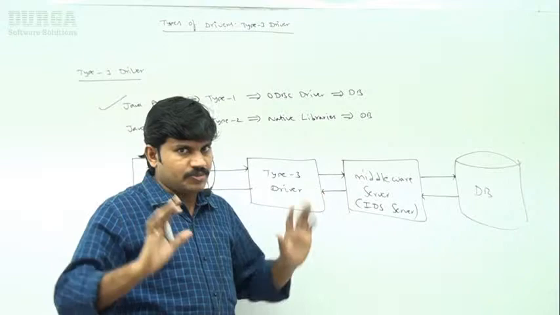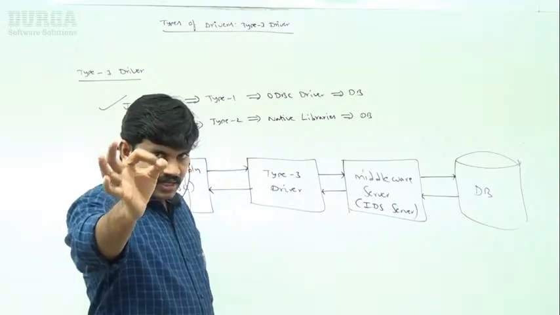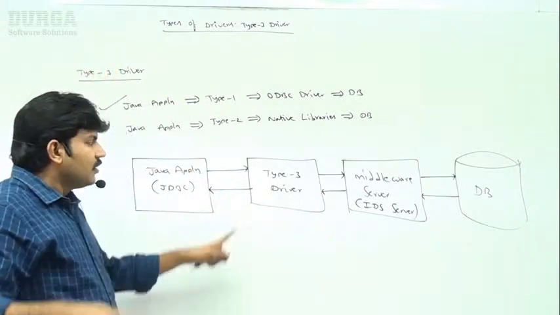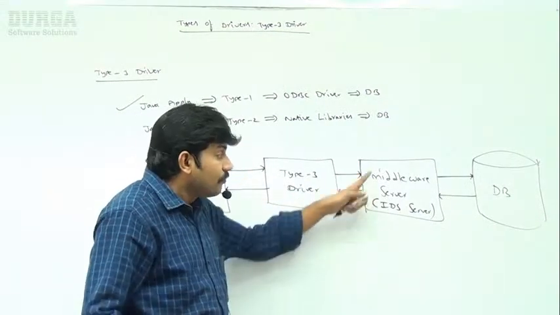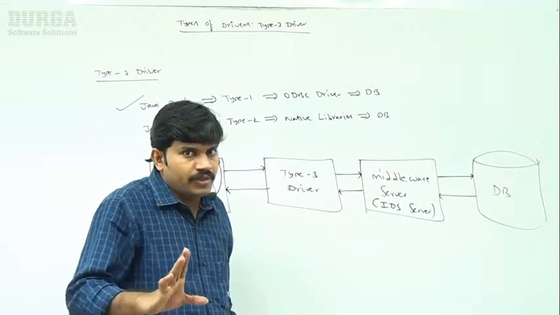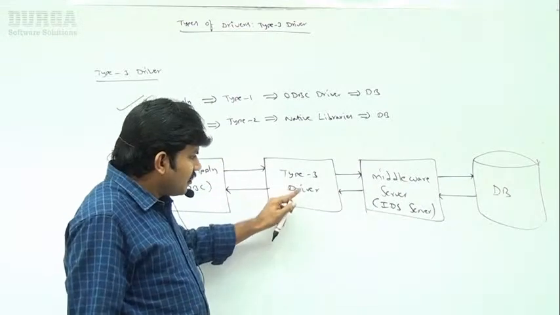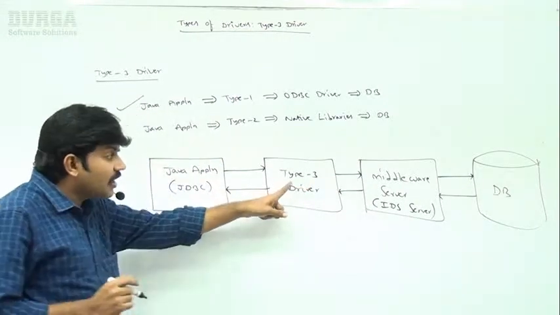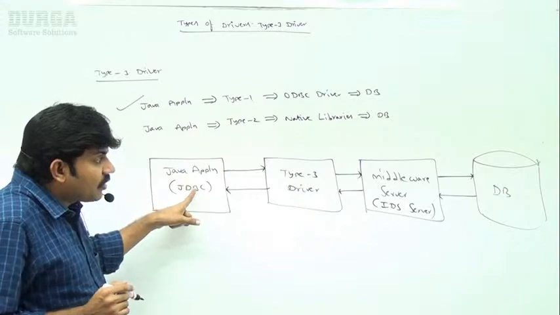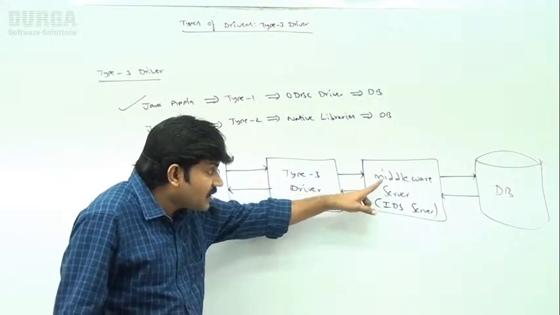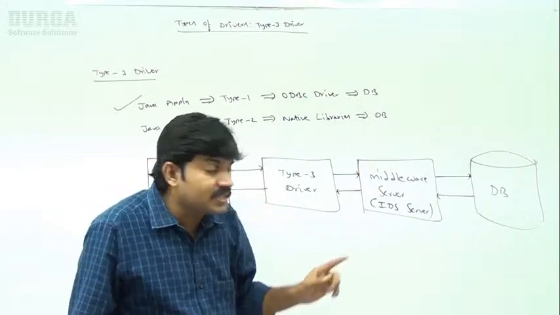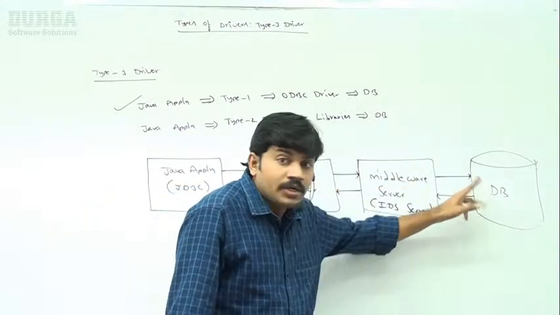Now take a bit of a special case, sir. Observe very carefully. This type 3 driver internally takes the support of a middleware server to communicate with the database. Next, this type 3 driver converts JDBC calls into middleware server specific calls. The middleware server converts those middleware server specific calls into database specific calls.